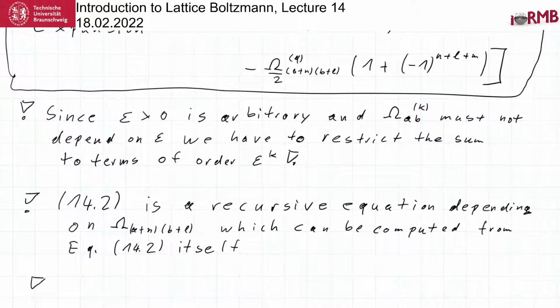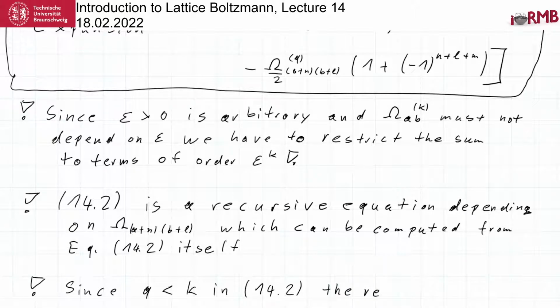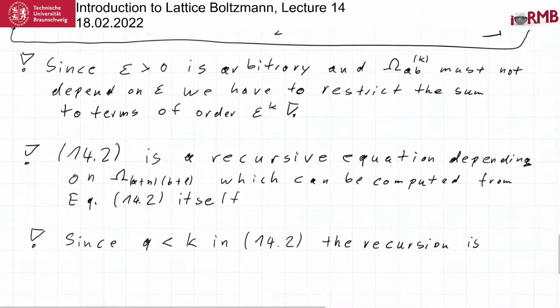Yes, it converges, namely since Q has to be smaller, it has to be smaller than K in 14.2, the recursion is guaranteed to converge.